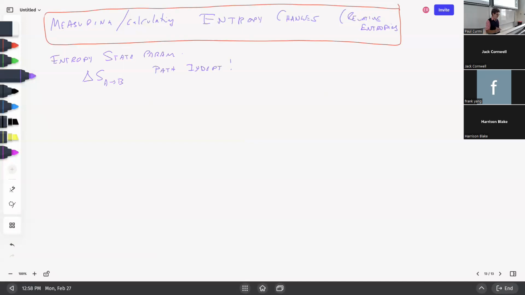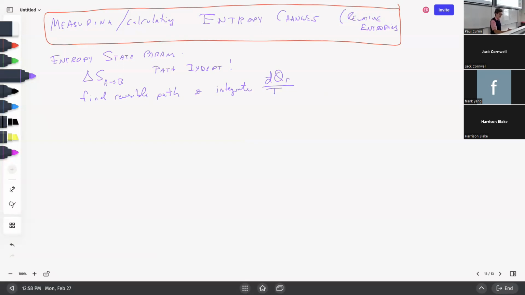Okay, so find a reversible path, and then do the integration. And integrate d bar q reversible over T. That's it.